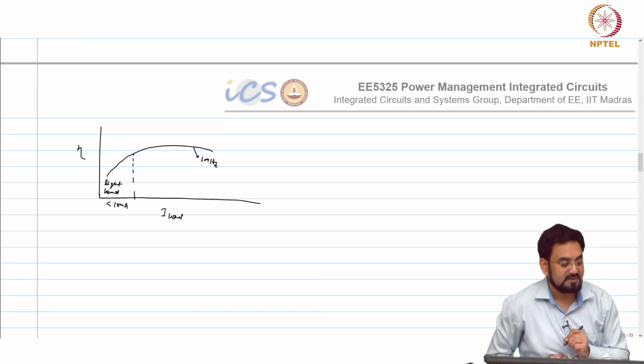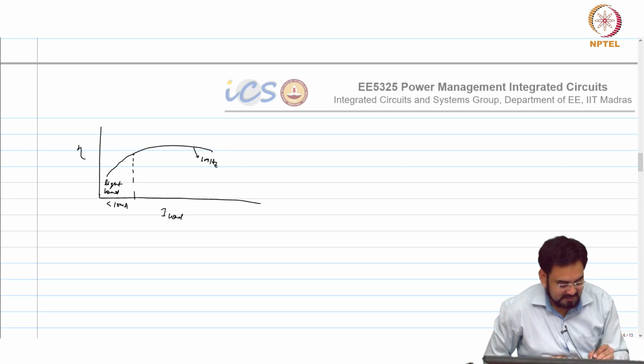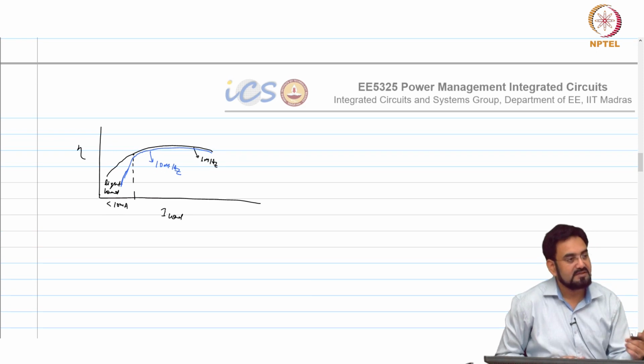Let us say this is at 1 megahertz, and if I draw a similar curve for 10 megahertz, you may see a slight change elsewhere, but here you will see a significant change under light load. At light load it will start dropping.